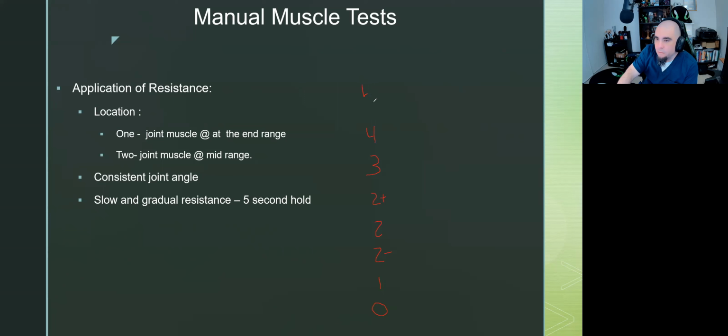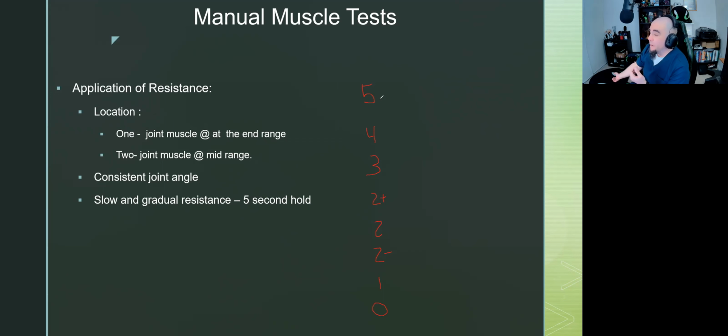So I'm going to talk you through the way we're going to do manual muscle testing in the WNL and WFL clinic. When you work with the patient and you are going to assess their manual muscle strength, the first thing you have to do is determine if they can go against gravity, right? So that means they have to be able to move the joint against gravity.